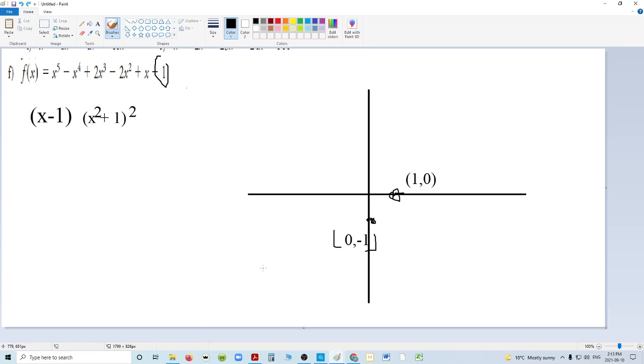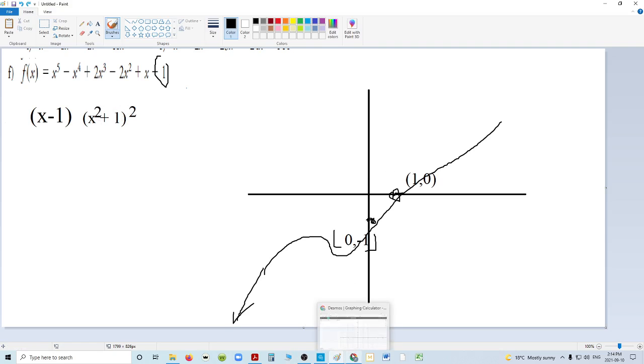So you have a line like this. You know it's going to behave something like this, and then it's going to go through there and go shooting off into space. Also, because of this, I would suggest that it just does some weird bounce once and then goes shooting off into space, just because this is the same root twice.